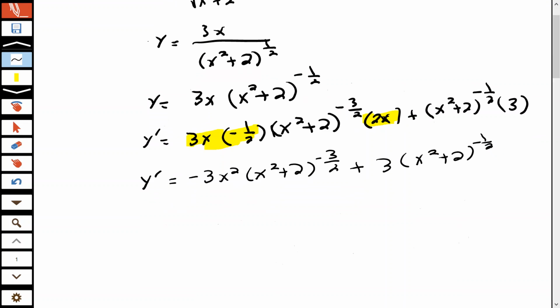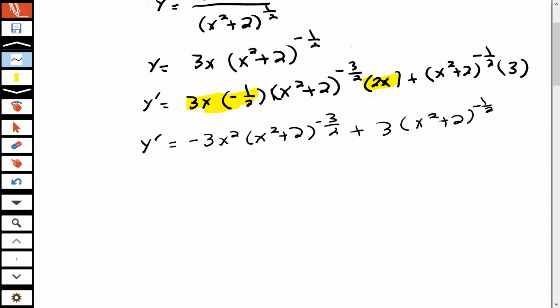And then I'm going to factor out the greatest common factor from the binomial, so that's going to be x squared plus 2 to the negative 3/2. So let me move this down a little bit. So remember, when we factor, we divide that out.